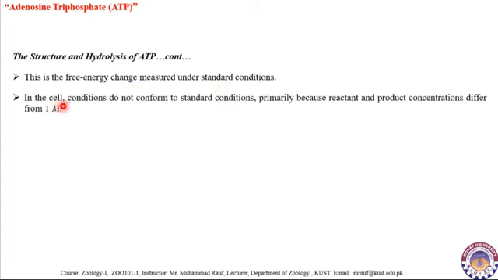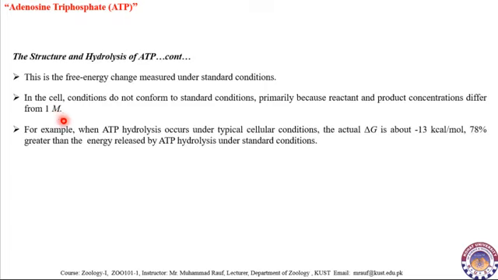In the cell, conditions do not conform to standard conditions, primarily because reactant and product concentrations differ from 1 mole. Now, for example, when ATP hydrolysis occurs under typical cellular conditions, the actual delta G is about minus 13 kilocalories per mole.